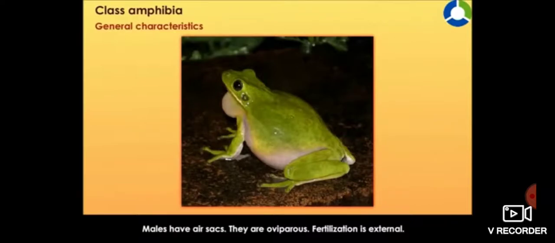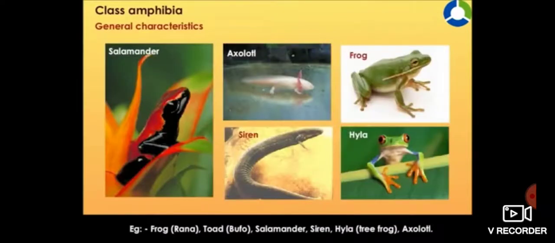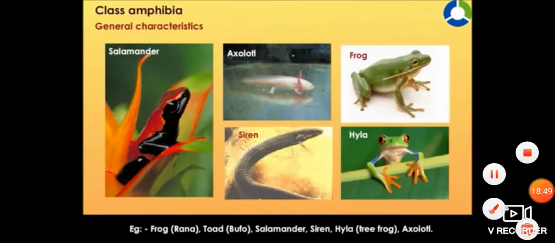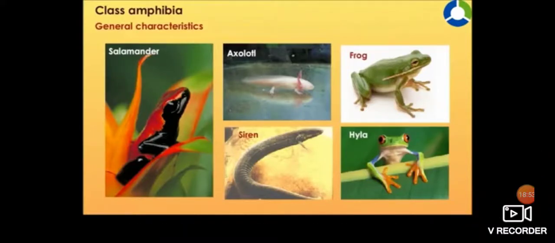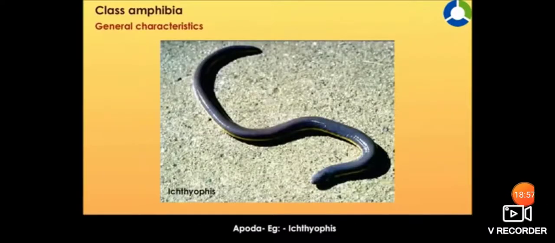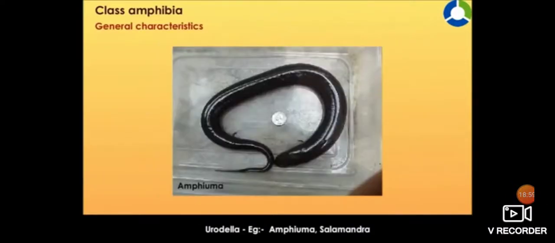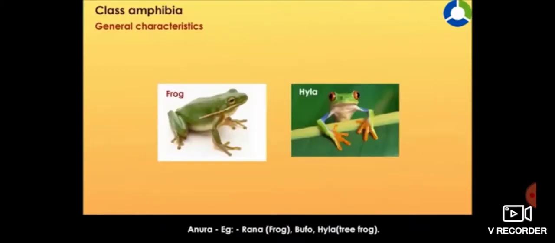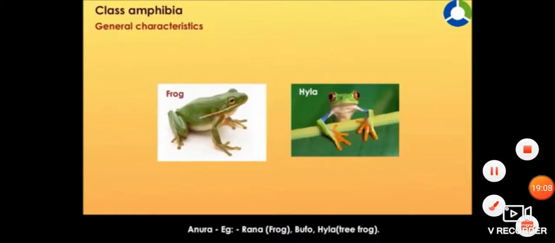Fertilization is external. Oviparous means they can lay eggs. Examples: frog, Rana, toad, Bufo, salamander, siren, Hyla or tree frog, axolotl. Class Amphibia includes Apoda, example Ichthyophis; Urodela, example Amphiuma, Salamandra; and Anura, example Rana frog, Bufo, Hyla tree frog.